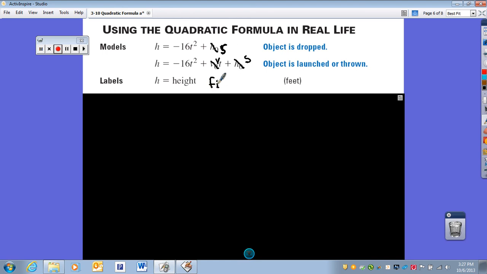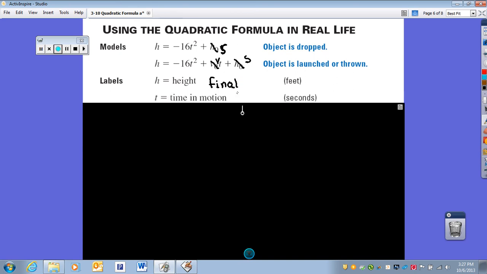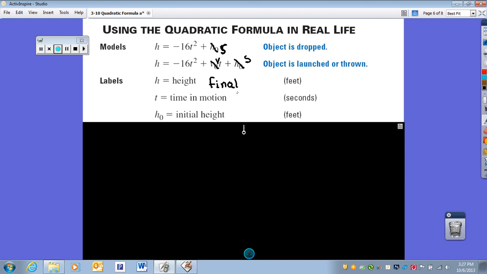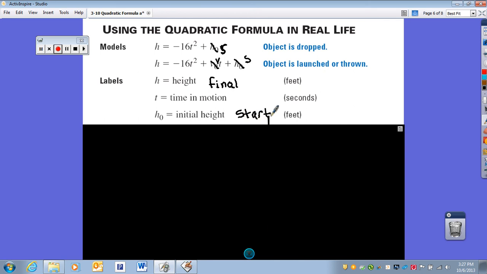If we're dropping an object and it's landing on the ground or in the water, our final height would be 0. t stands for time in seconds. h0 is our initial height. In Algebra 1, we used s, which was our starting height. And v stood for velocity.